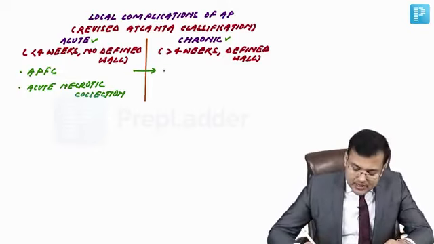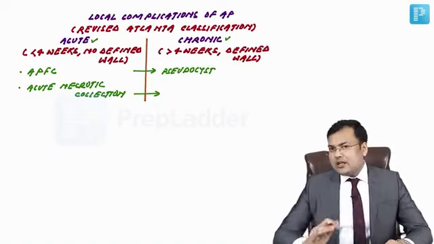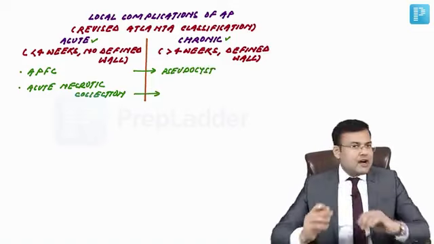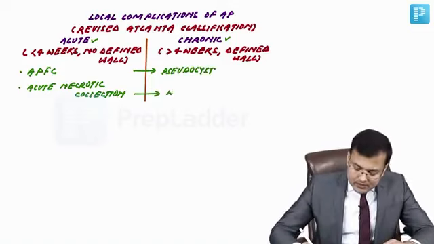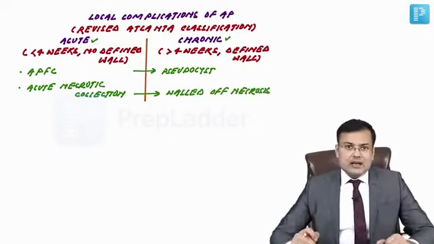So it becomes pseudocyst. And the necrotic collection is walled off after 4 weeks. So this becomes walled off necrosis. These are the complications according to revised Atlanta classification.